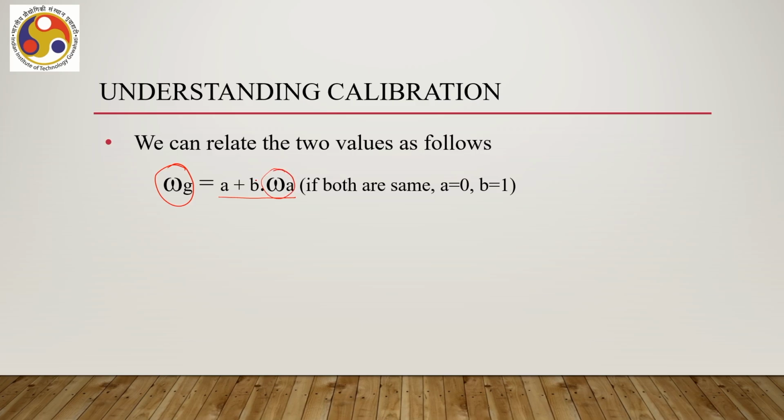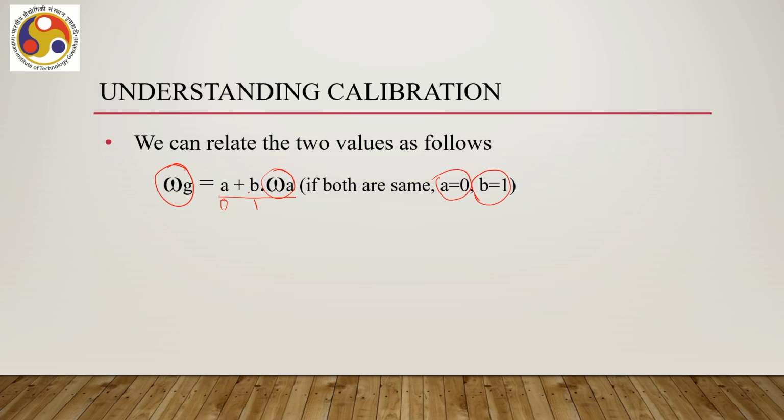This is a linear relationship. When omega g is equal to omega a, we can say that a is 0 and b is 1. If we replace a with 0 and b with 1, then both become equal. That is the perfect, ideal condition that we want to be in, but that never happens in practice.